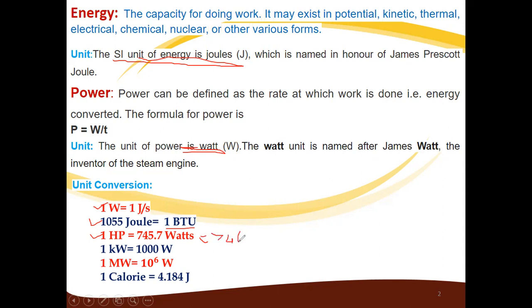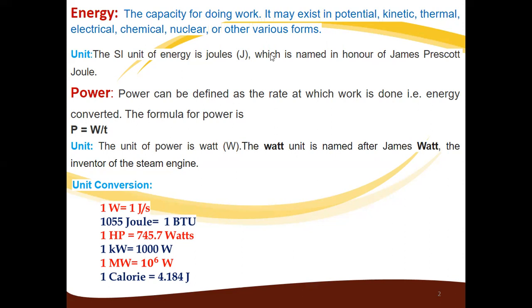Next, 1 kilowatt is equal to 1000 watt, or 10 raised to 3 watt. 1 megawatt is 10 raised to 6 watt. 1 calorie is equal to 4.184 joule. So these are some unit conversions that are necessary in this thermal power plant problem.